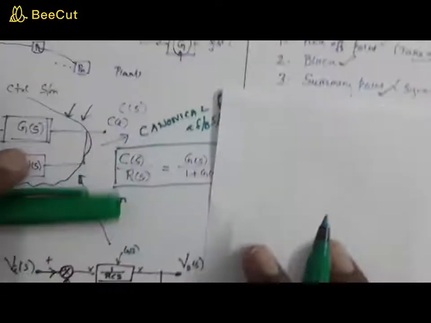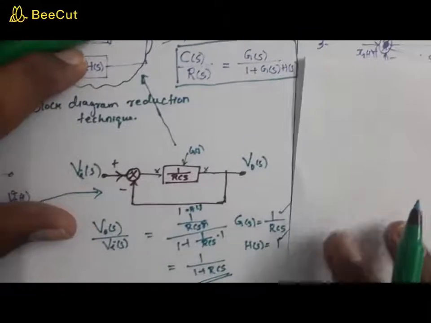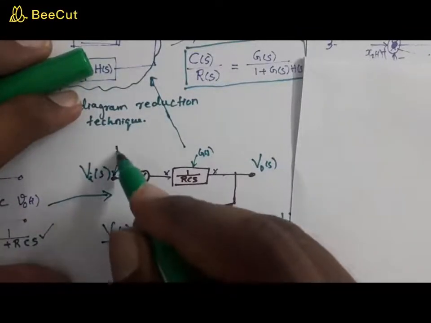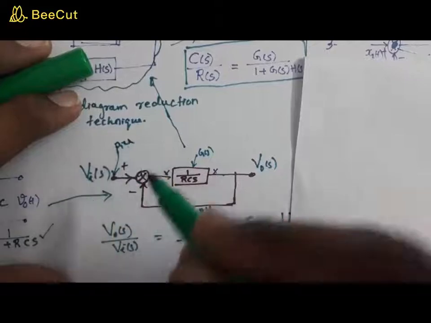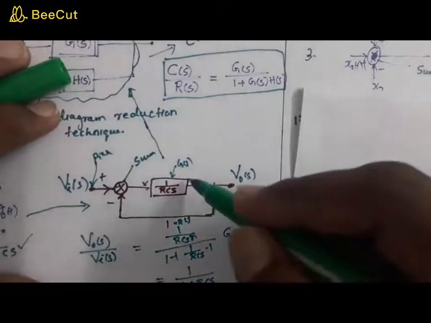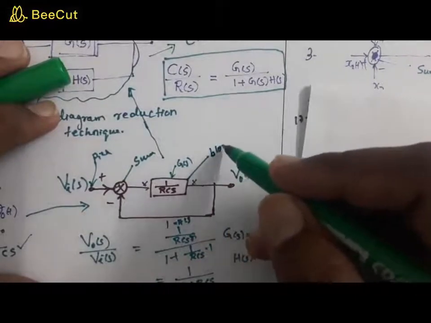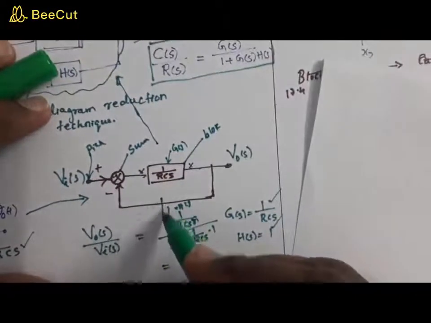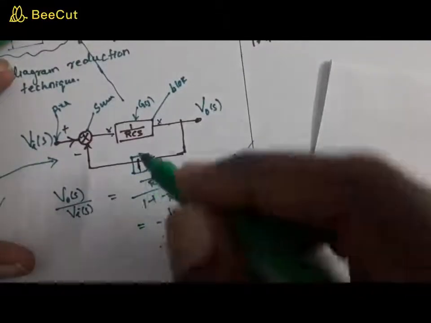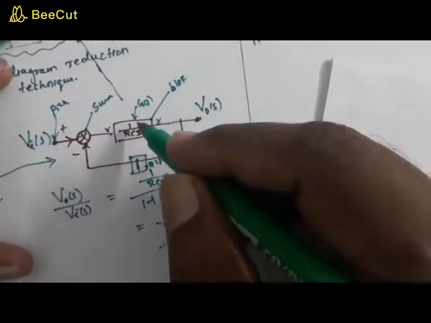I will show you in this figure what these are. This one is a pick-off point, this one is a pick-off point, and this is the summing point. And this is a block, and this one also can be represented by a block. You can write this inside as one. So these are the two blocks in this block diagram.